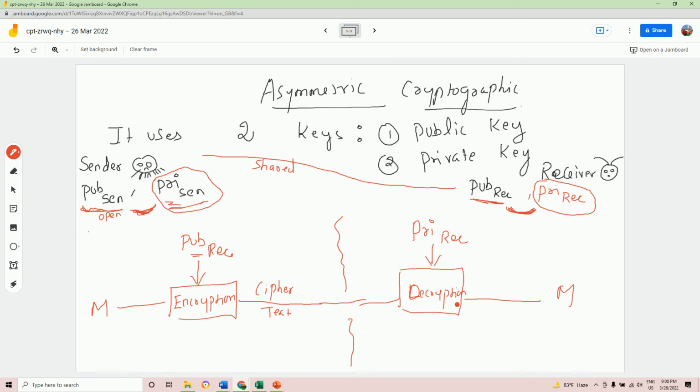Now the decryption is done using the private key of the receiver. So you should not use keys which are not matching. So this key is used for encryption, then this key should be used for decryption. Suppose if this key is used for encryption, then this key should be used for decryption. So this is scenario 1.